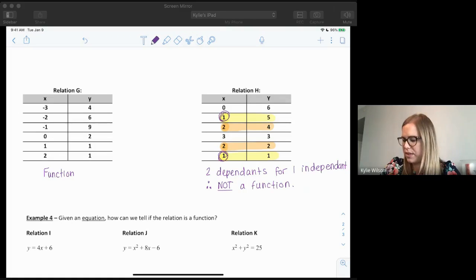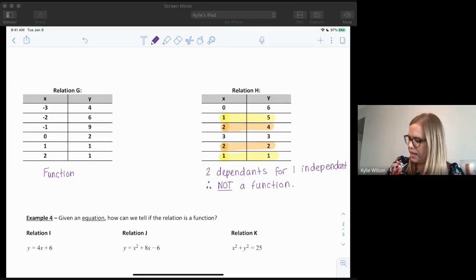And that one corresponds to a 1, and this one corresponds to a 5. That is a problem. But having 3 and 3 is totally okay. It just matters that in this column, I have 2 1s. That's the big issue here. That makes it not a function. Does that clear that up? Okay, awesome.